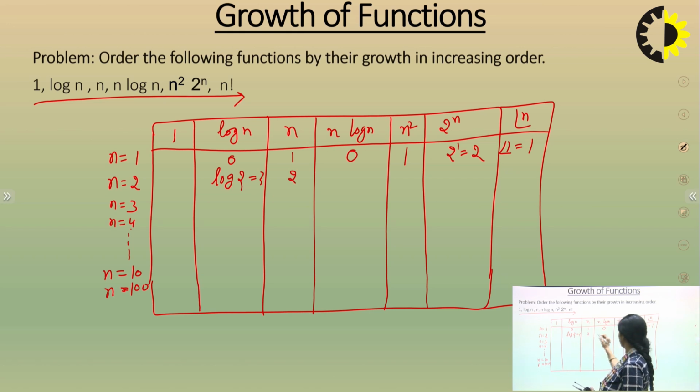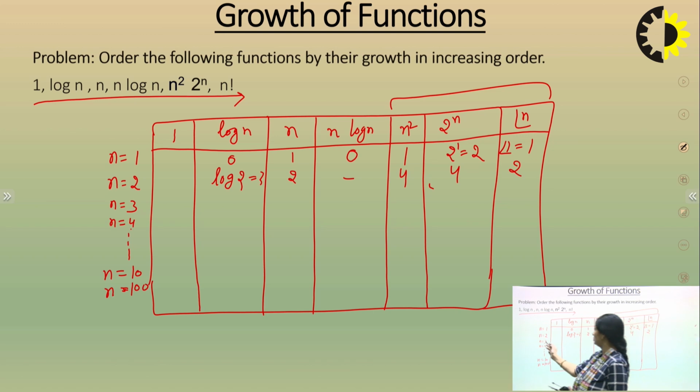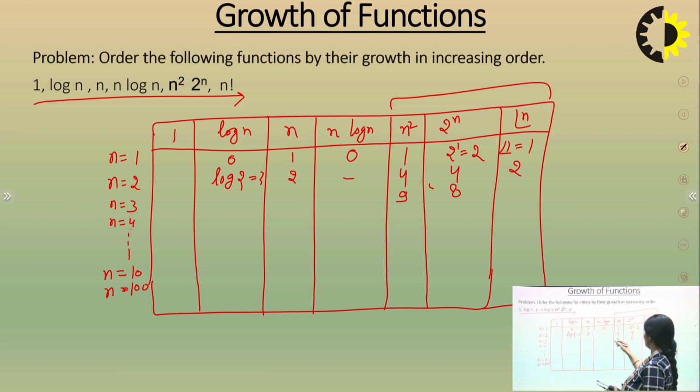Similarly this and same this, we are taking this 3 only. Later on I will see this. N square, 2 square means 4. Again 2 to the power 2, 4. Again factorial n, factorial 2 means 2. N equal to 3 if you are taking, then 3 square is 9, and 2 to the power 3 is 8, and factorial 3 means 3 into 2 into 1, 6.